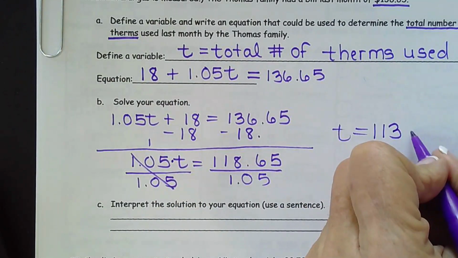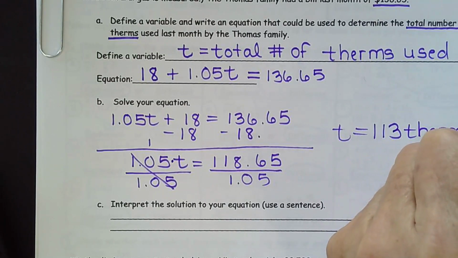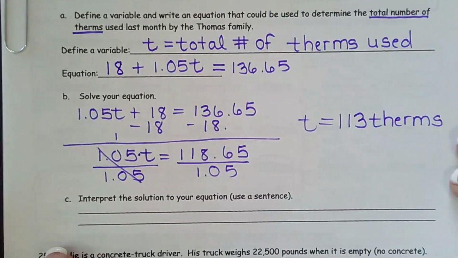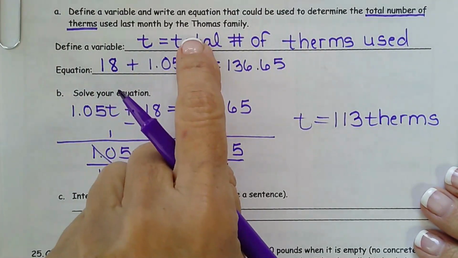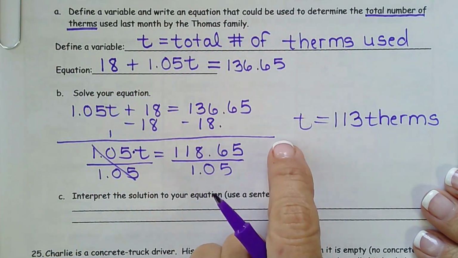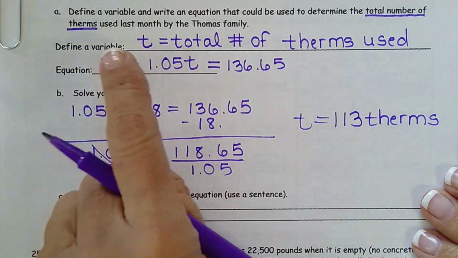Oh, T's therms. And you always label your variable before you write your sentence, because that's how you're going to write your sentences, using that information. So the Thomas family used 113 therms last month.